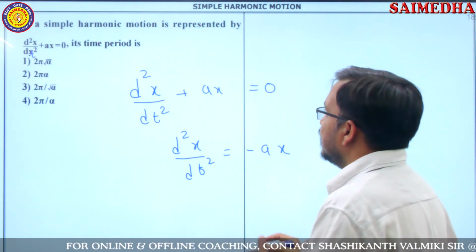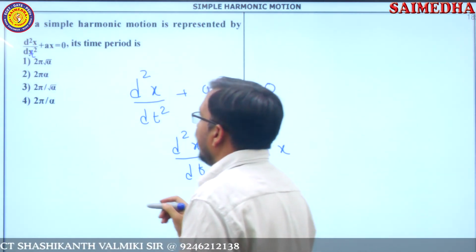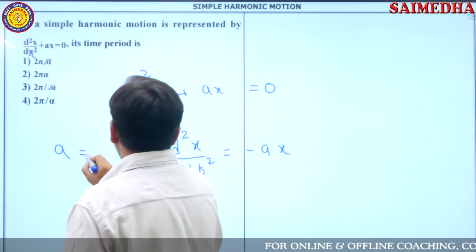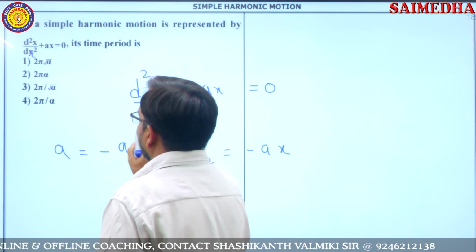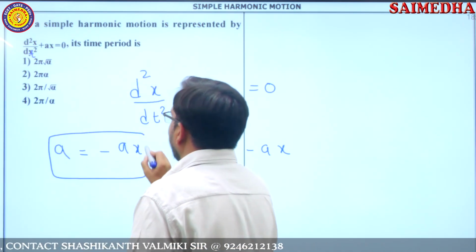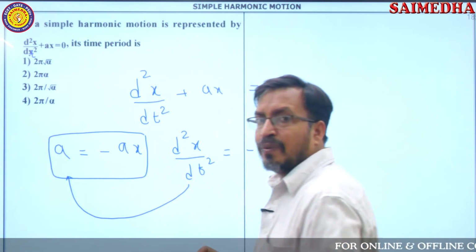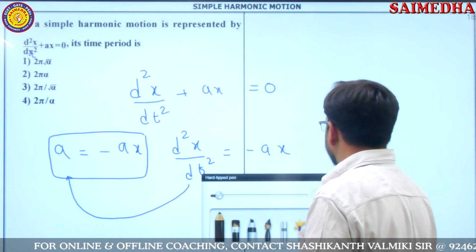See here, this is a simple harmonic motion equation.